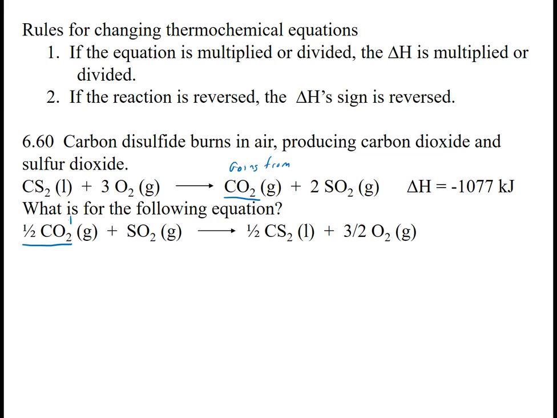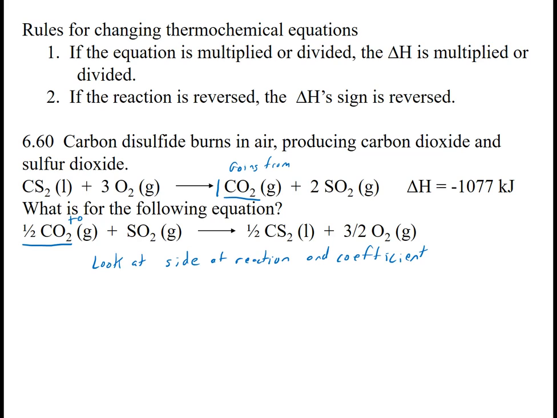And this one's the 2. So how did I go from here to here? Well, I want to look at 2 things: the side of the reaction and the coefficient. Let me go in the order here.